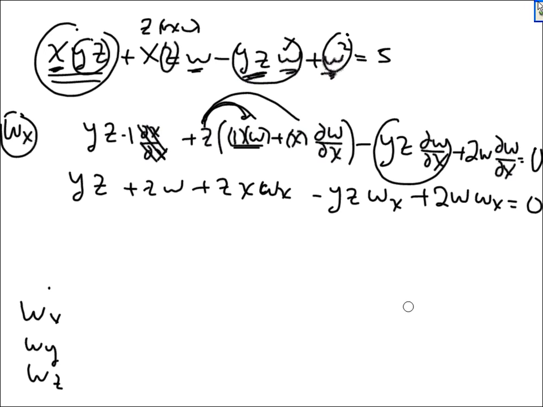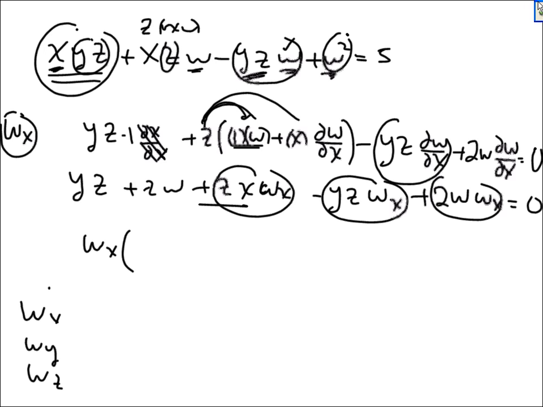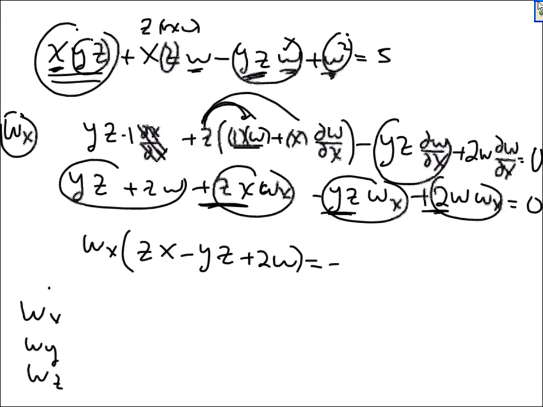Okay, so I want to collect the terms that have w sub x, namely these three. The first two terms I'm going to bring to the left. So how many w sub x's do I have? zx minus yz plus 2w. And I bring the other two terms to the other side and I change the signs. Positive yz becomes negative yz minus zw.